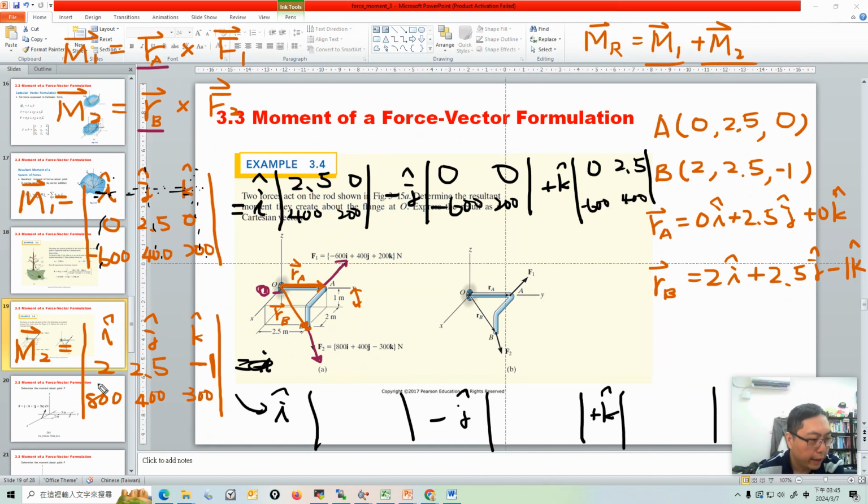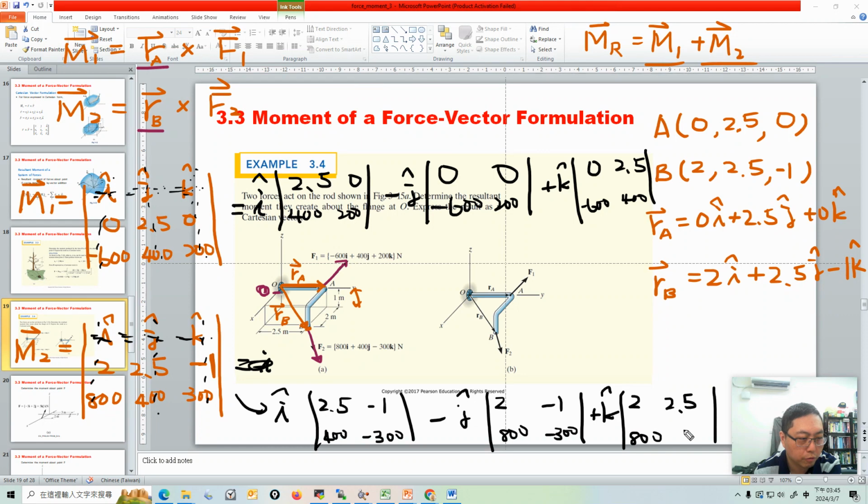And for M2, let's do the same thing: block this element, 2.5, minus 1, 400, minus 300. Then 2, 800, minus 1, minus 300. And the final one is 2, 800, 2.5, 400. It's very annoying.